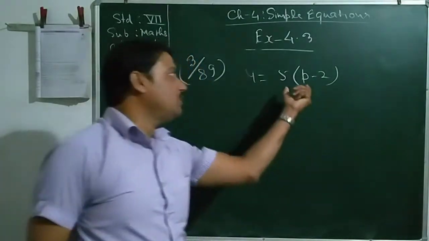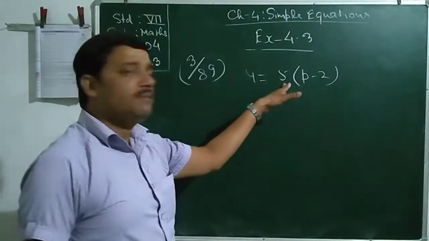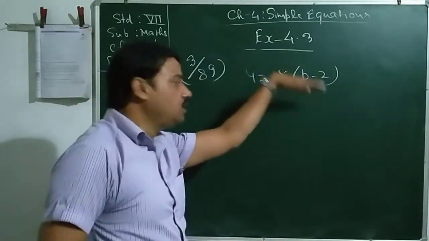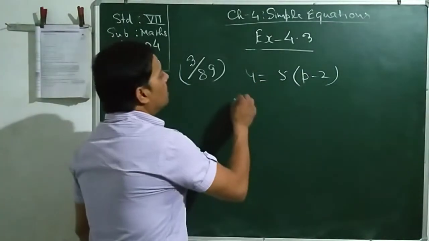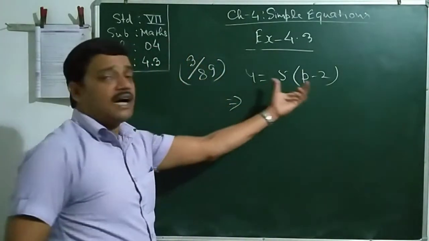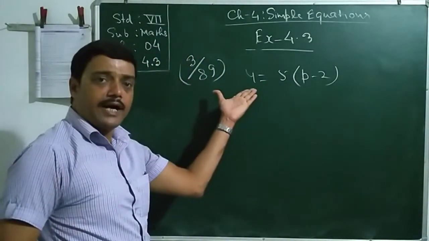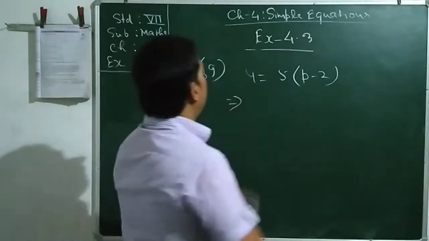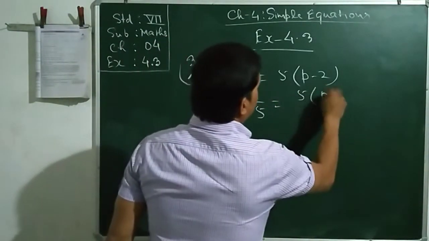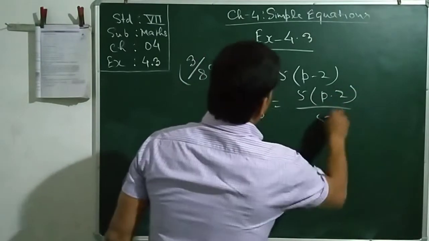So once again we need to remove this 5 from here. To remove it, we need to divide the whole term by 5. If we divide the RHS by 5, we need to divide the LHS also by 5. So 4 by 5 equal to 5 (p minus 2) by 5.